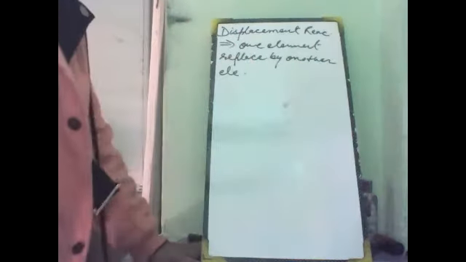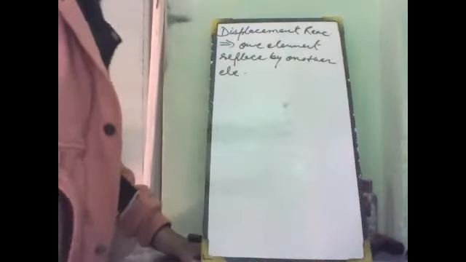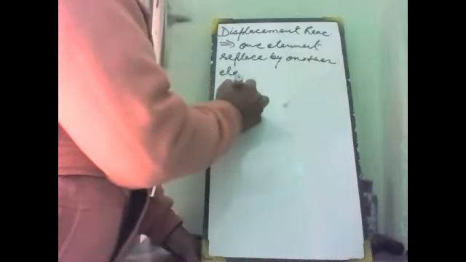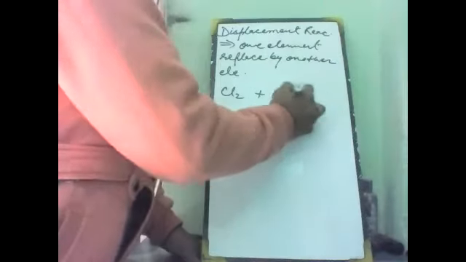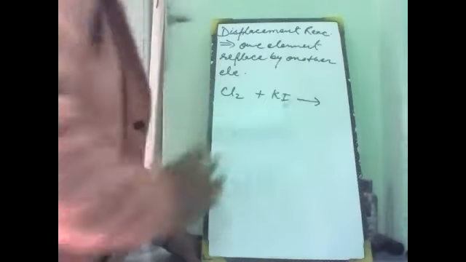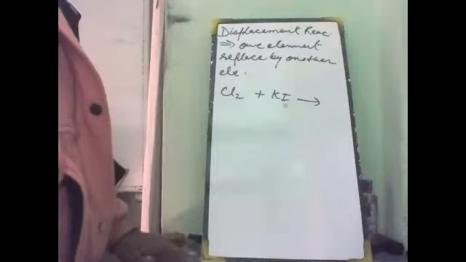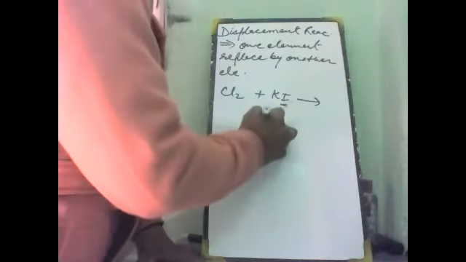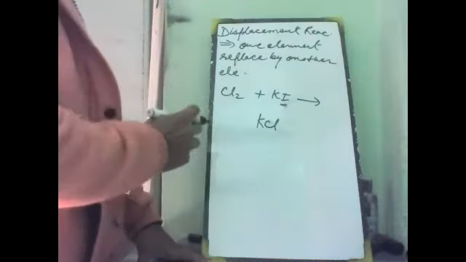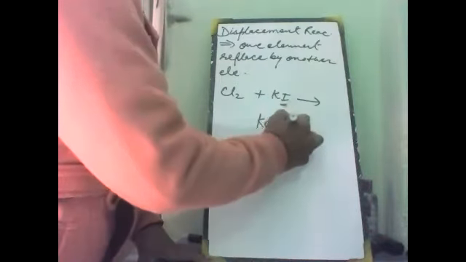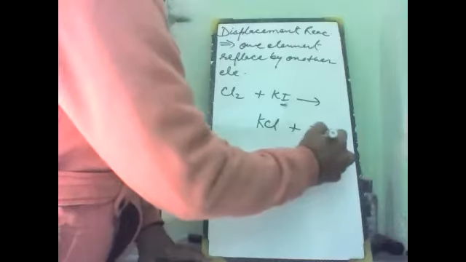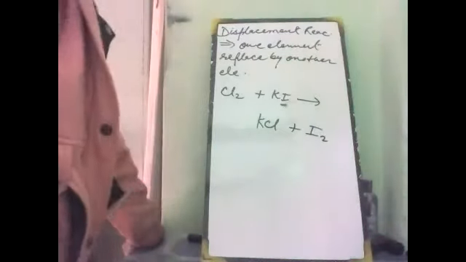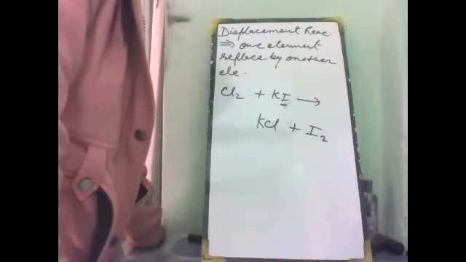This is known as a displacement reaction. An example is Cl2 and potassium iodide. Here chlorine displaces iodine, and new compounds are formed, potassium chloride and iodine. This is the displacement reaction.